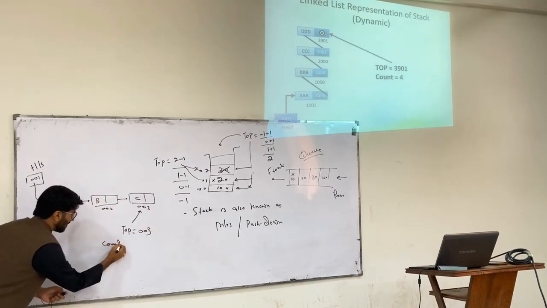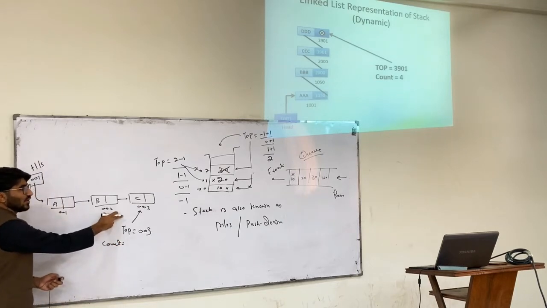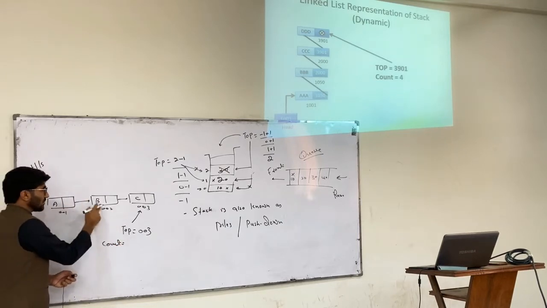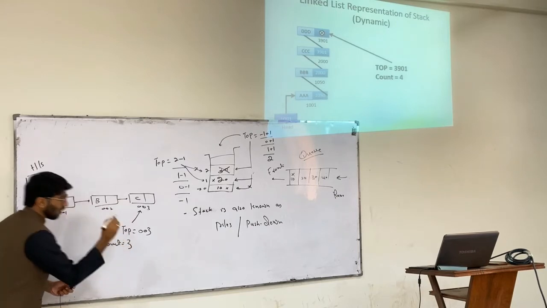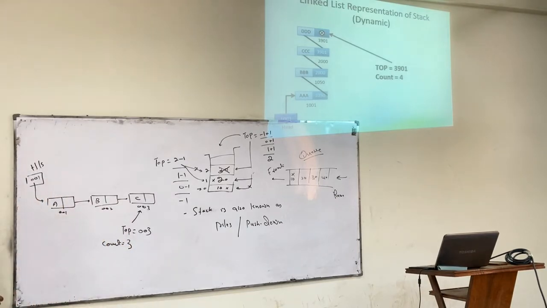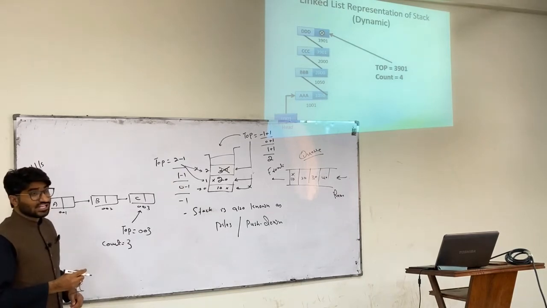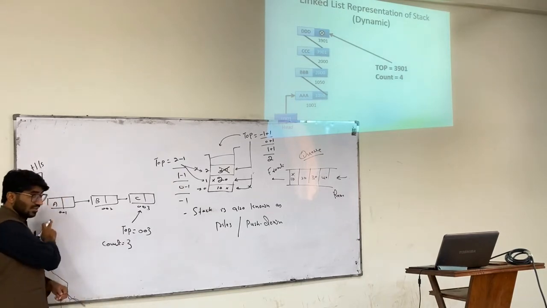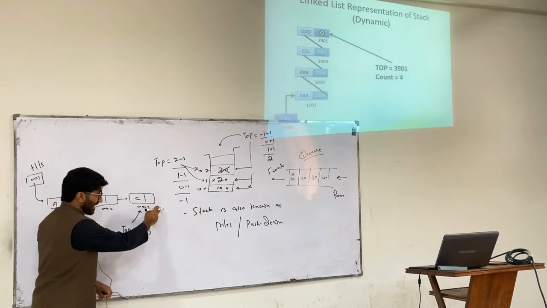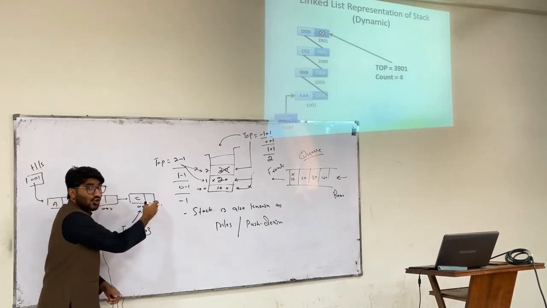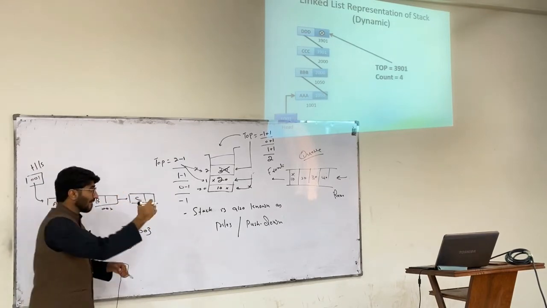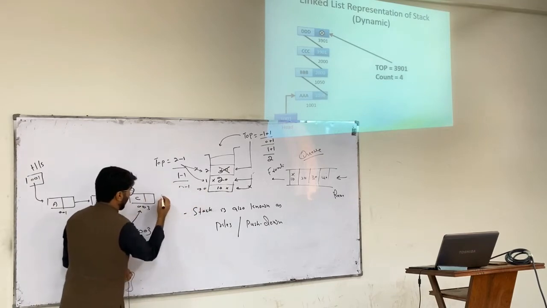So count means total items or the values in stack: 1, 2, 3. Now, if I want to insert a new item in this stack, where do I need to insert? Here or here? Yes, this is the top, so the new value will be inserted again on the top. So this is my new item.